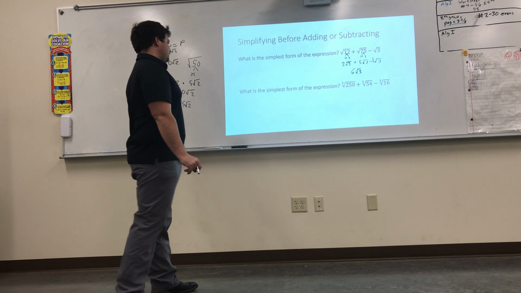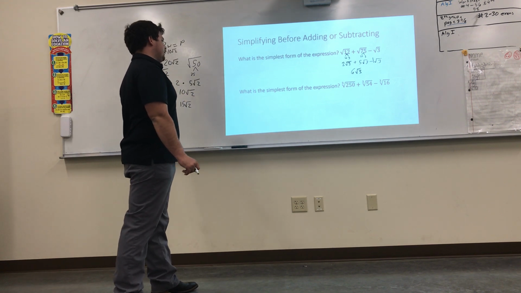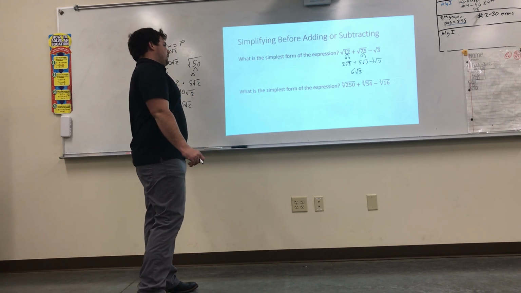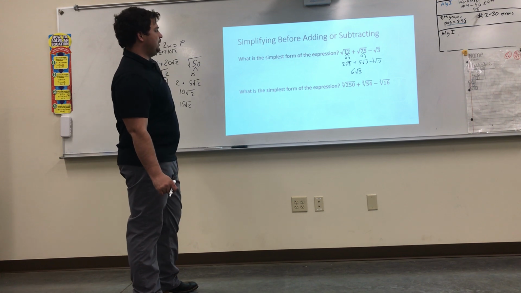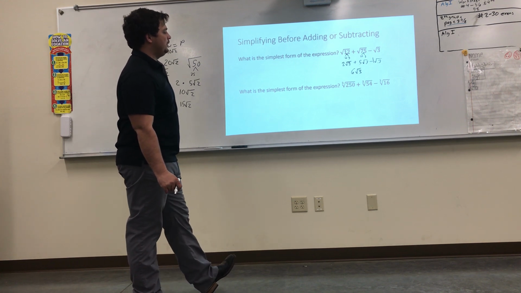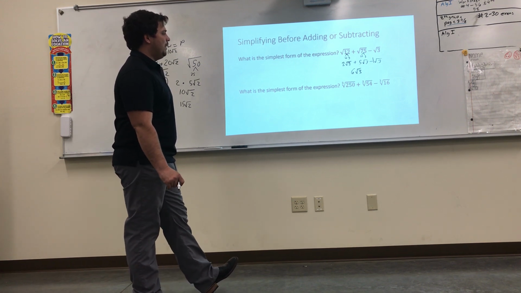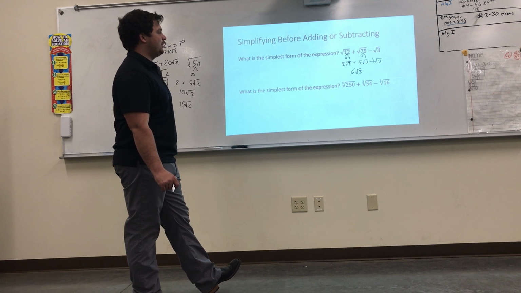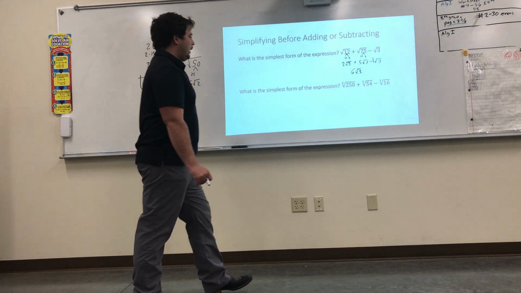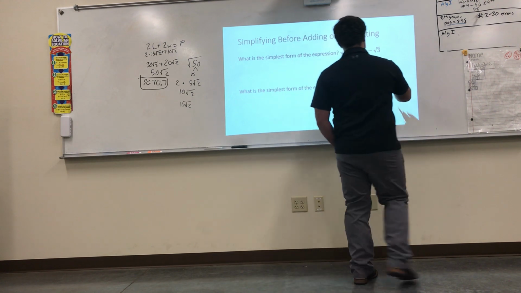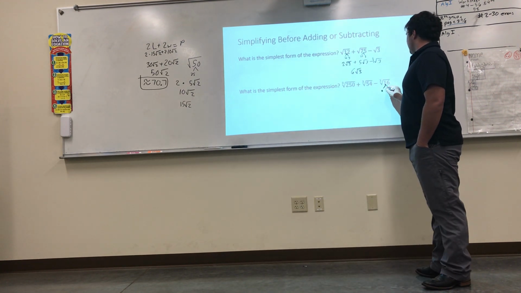Alright, what is the simplest form of the expression? The cube root of 250 plus the cube root of 54 minus the cube root of 16. Alright, let's start with cube root of 16. You can take 2 and 8.